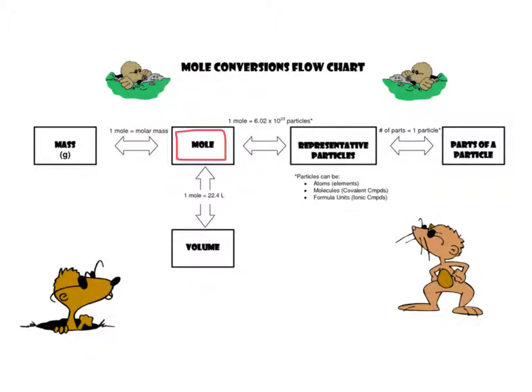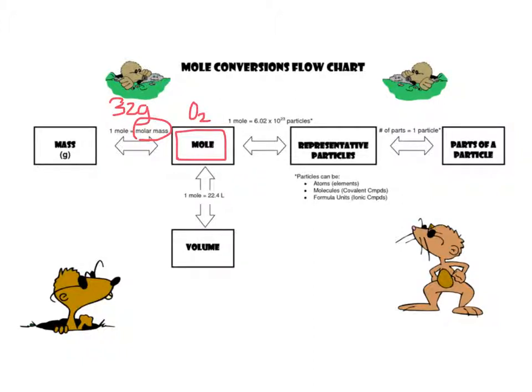If I have a mole of something and I want to know how much it's going to weigh, this is where I would go to the periodic table and use the molar mass. Let's say we have a mole of oxygen. How much is it going to weigh? Well, we use 1 mole of oxygen is equal to, and we go to the periodic table, and it turns out that a mole of oxygen would weigh 32 grams.